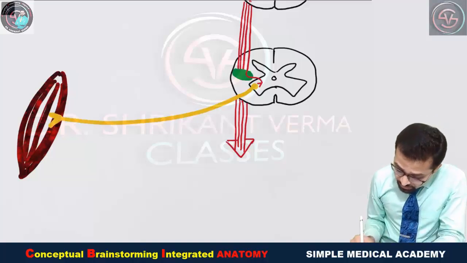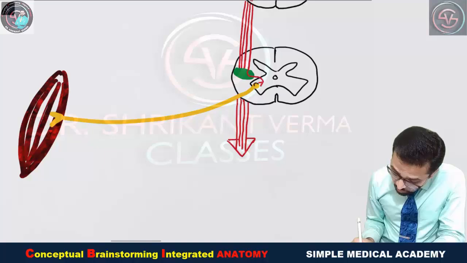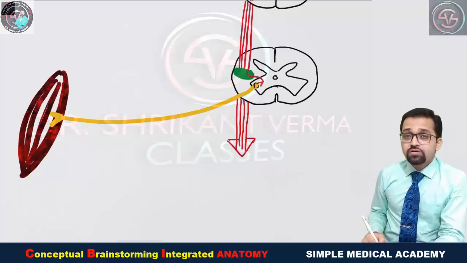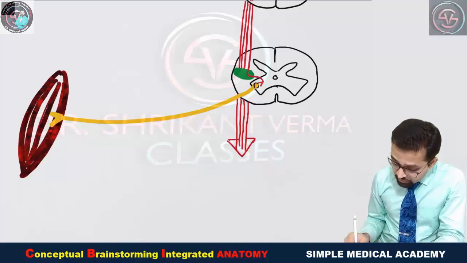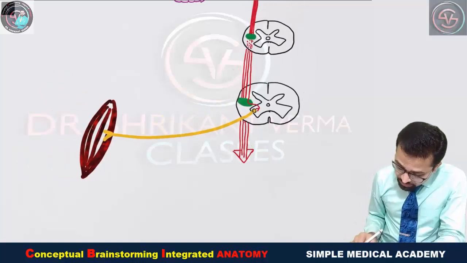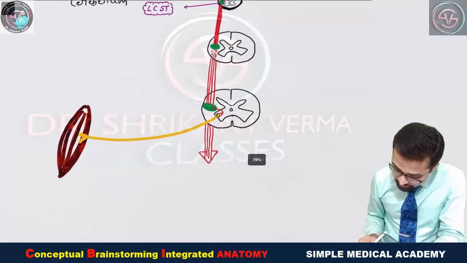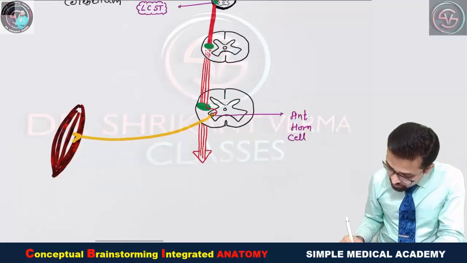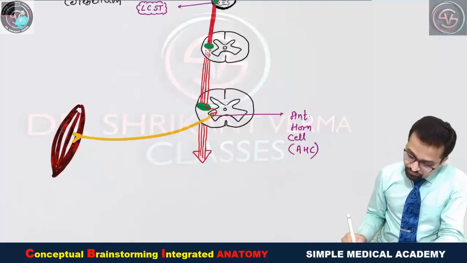Getting the point? So the cell body of this lower motor neuron, of this particular neuron, is known as the anterior horn cell. What is the name of this cell? This is known as the anterior horn cell. In short we will mention this cell as AHC.